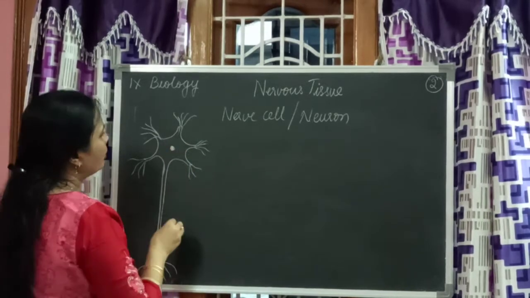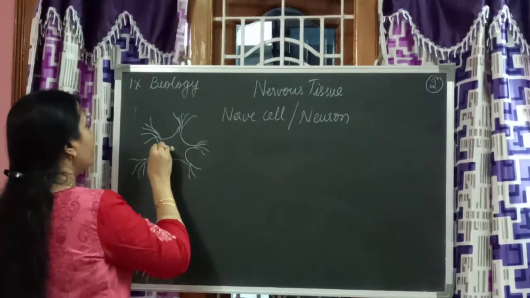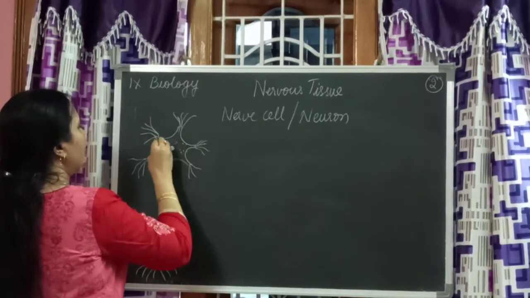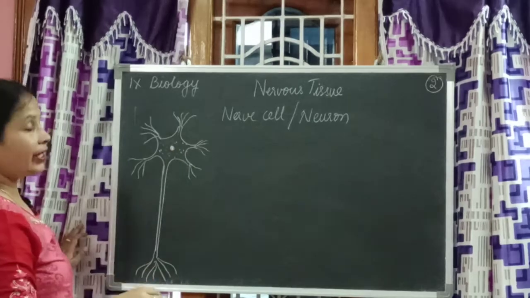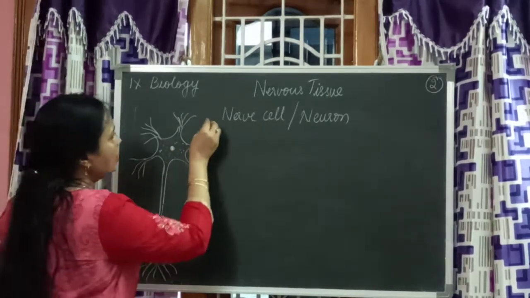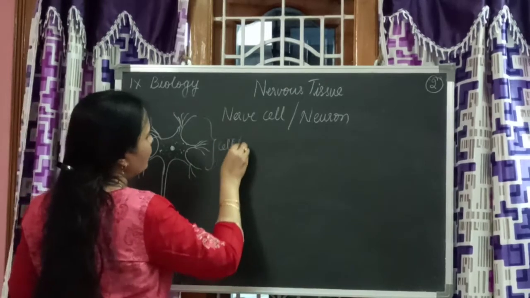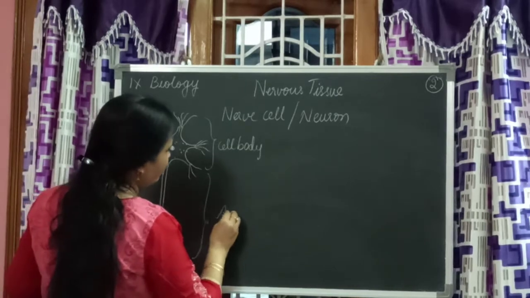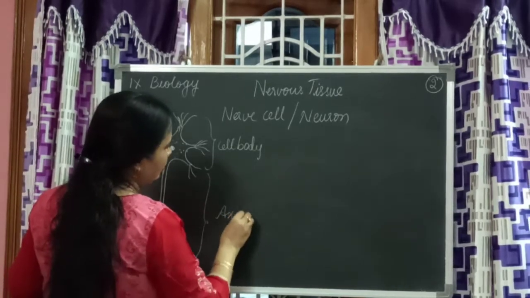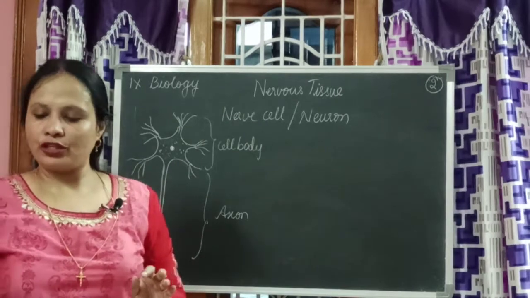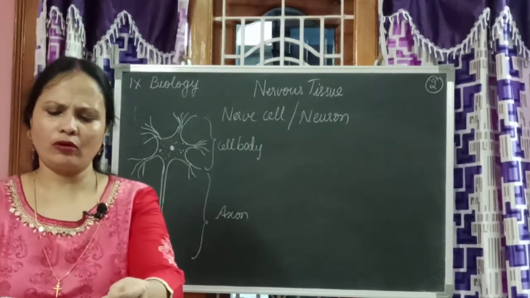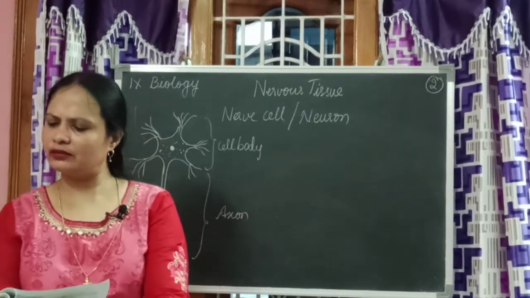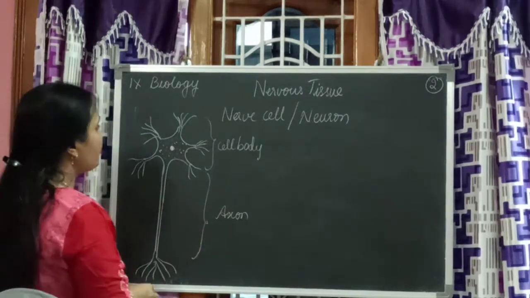You have a nucleus, a single nucleus, and then it is filled with Nissl granules. Now, this is called the cell body. This is called the axon. Turn to page number 36.